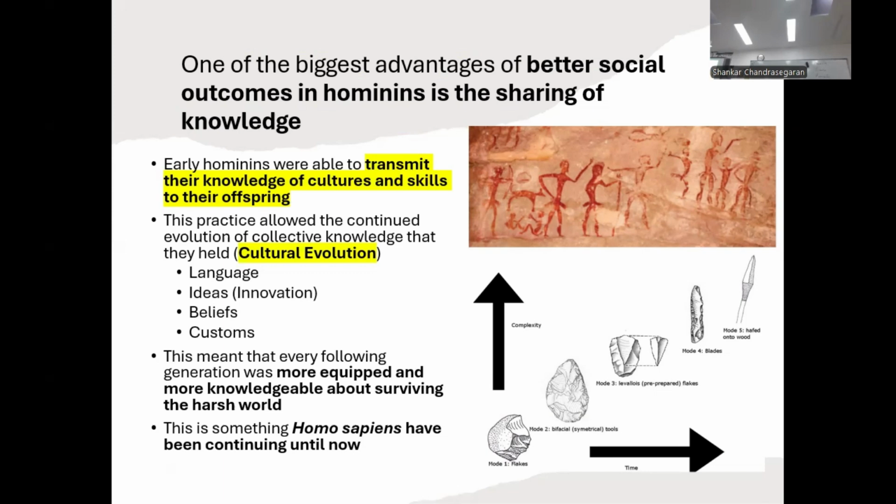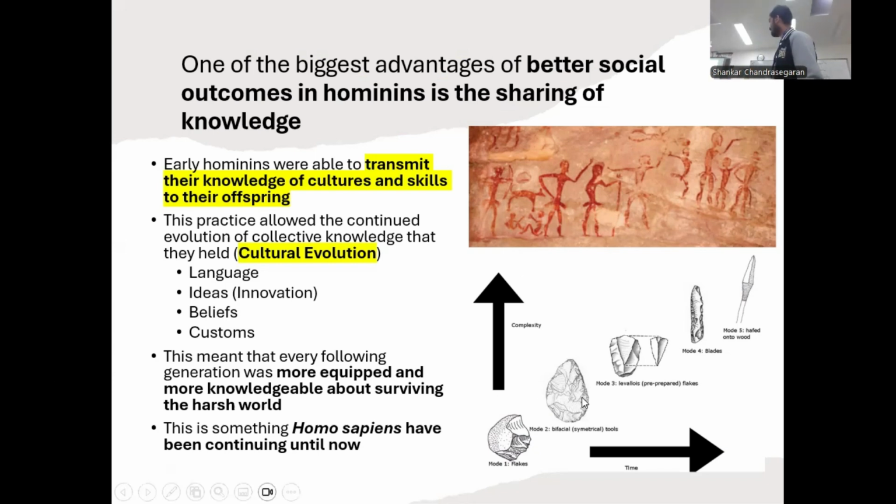This meant that following every generation, they were more equipped or more knowledgeable about surviving the harsh world that they were living in. And this is something we even continue up till today, right? We share our knowledge to each generation such that they are better equipped to face the challenges that come today.